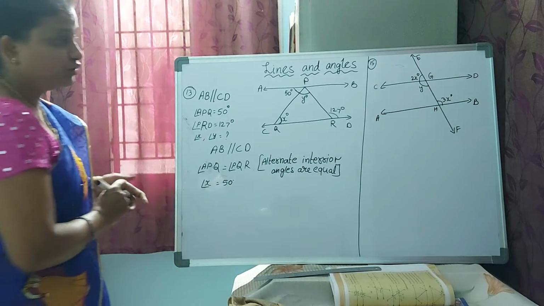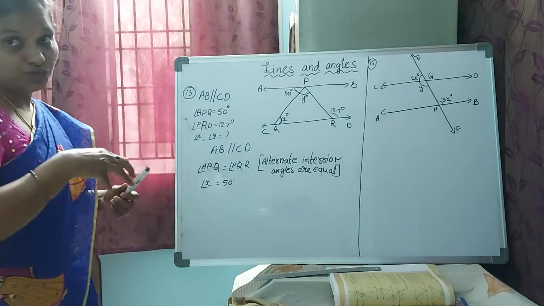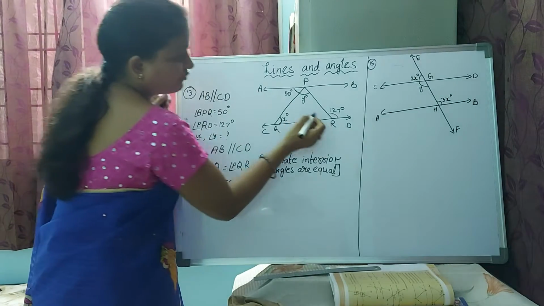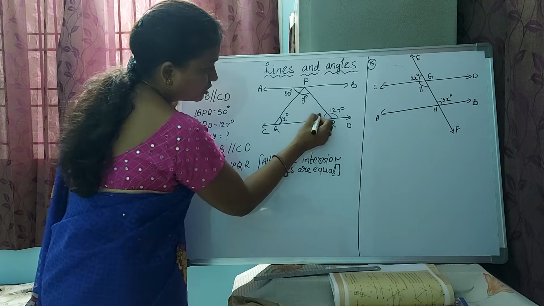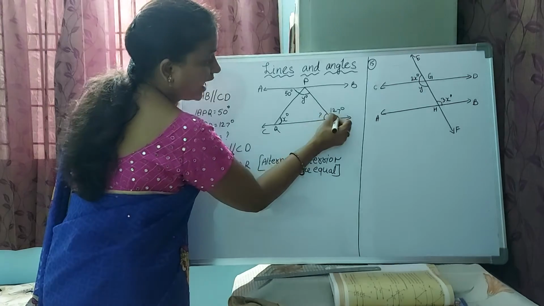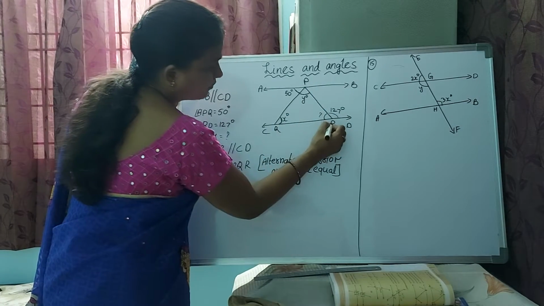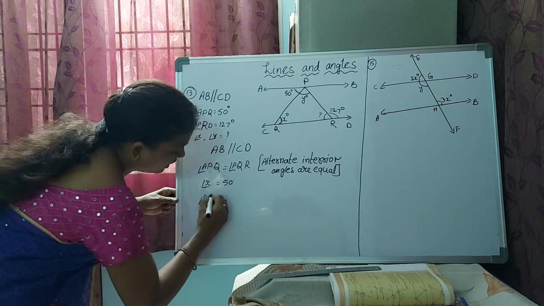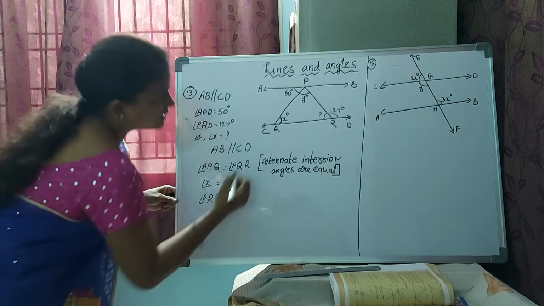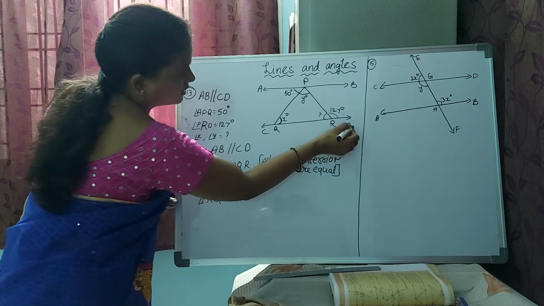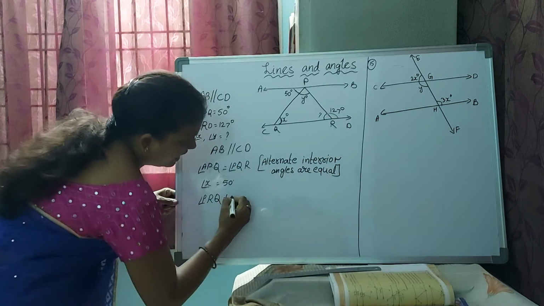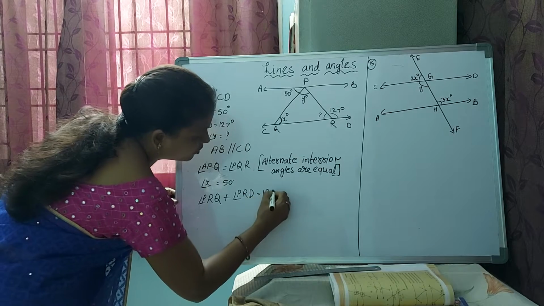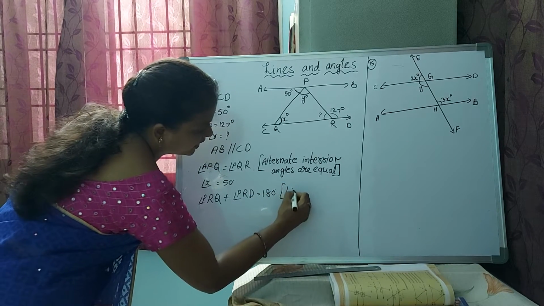Now we have to find out Y. Before going to find Y, observe this one. We don't know this angle PRQ. Angle PRQ plus angle PRD is equal to 180, because it is a linear pair.